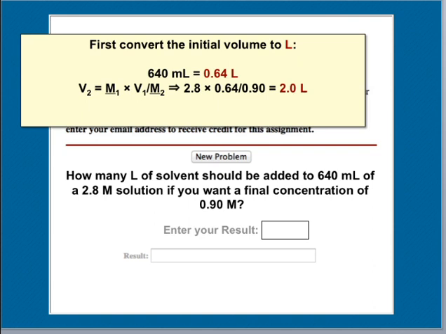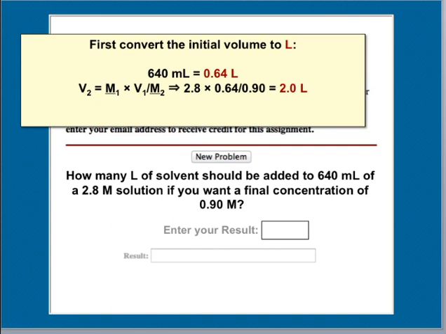I forgot to say this. Let's back up just a touch. So we need a total here of 2 liters, right? So this one is tricky. But we've already got 640 mils, right? We need a total of 2 liters. So we have to get how much we have to add.